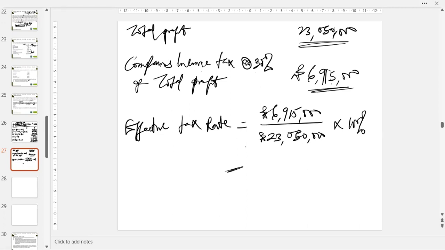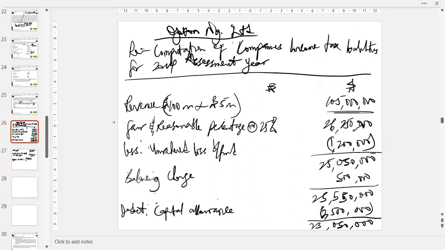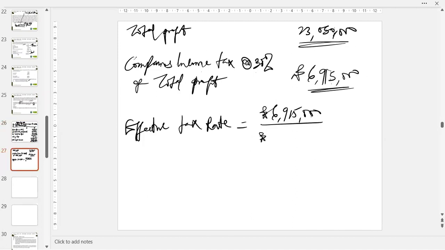No, sorry. Do 6.9 over revenue rather. On the total revenue, the total revenue is 105 million.